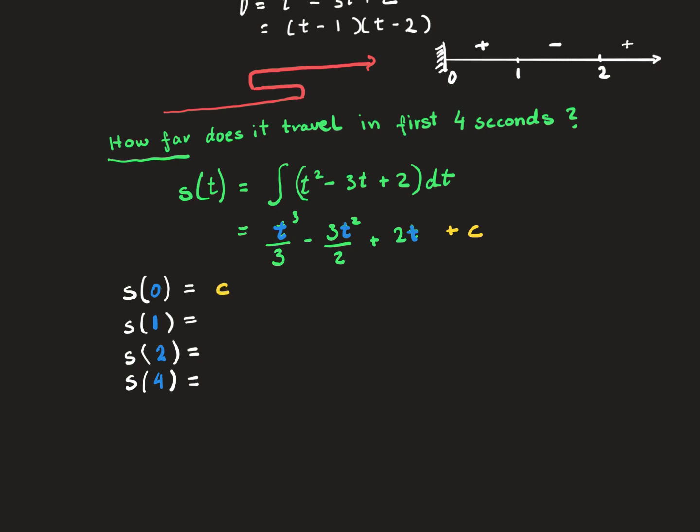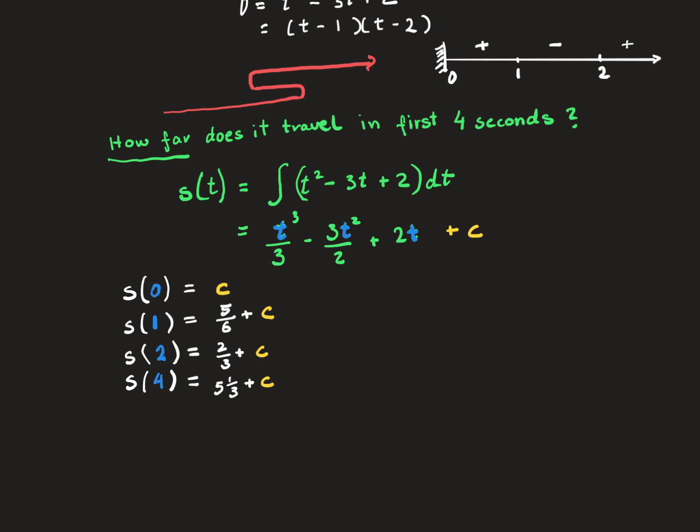Substituting 1, we should get 5 over 6 plus c. Substituting 2, we should have 2/3 plus c. And substituting 4, we should get 5 1/3 plus c. And these are the positions in our motion diagram.